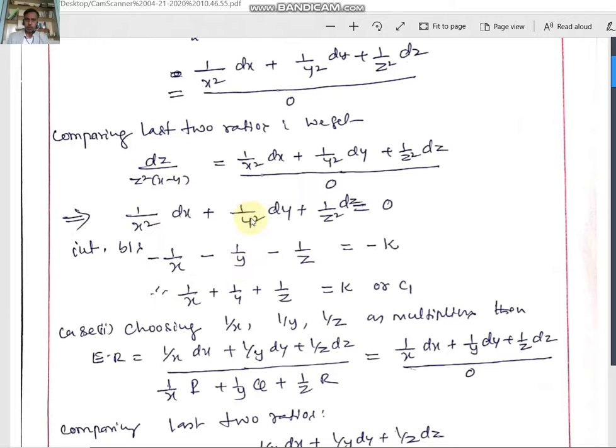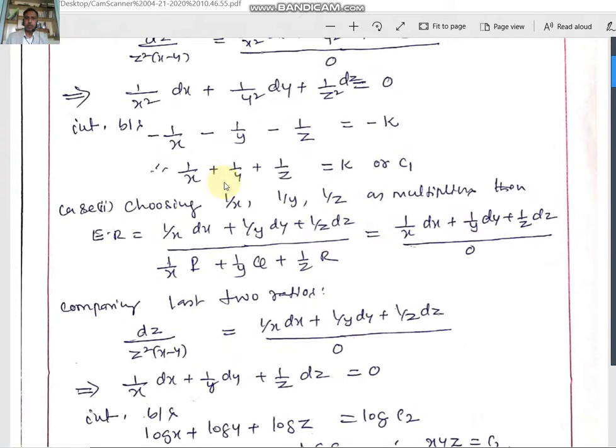Similarly, 1 by y square dy gives minus 1 by y, and also minus 1 by z, is equal to minus k. We are intentionally selecting minus k as the constant of integration. Then cancel out all negative signs and call this C1. So 1 by x plus 1 by y plus 1 by z is equal to C1. This is the first set of solution.